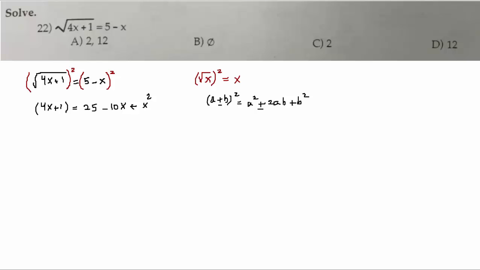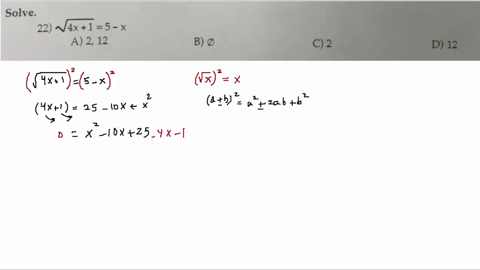So now we need to move everything to one side of the equation. I'm going to write x squared here first, minus 10x next, plus 25. And then if I subtract 4x and subtract 1 from both sides, on the right-hand side I get minus 4x minus 1.